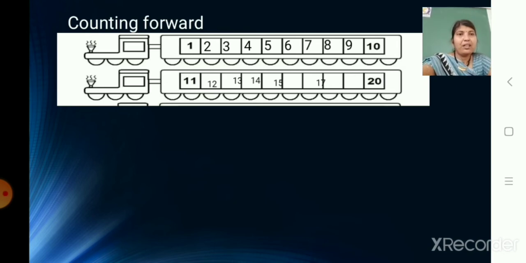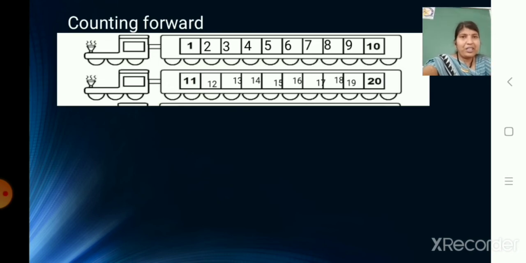After 15, if you add 1 to 15, you will get the answer 16. After number of 15, 16. Now after number of 16 is 17. It is already given, so no need to write it again. After 17 comes 18, and if you add 1 to 18, you will get the after number 19 and 20.